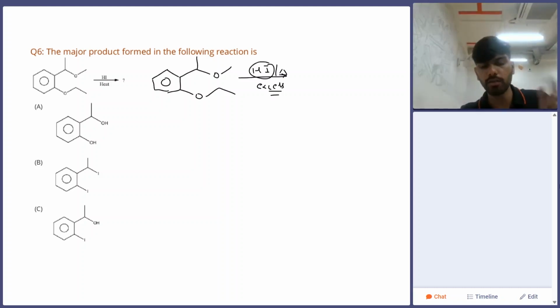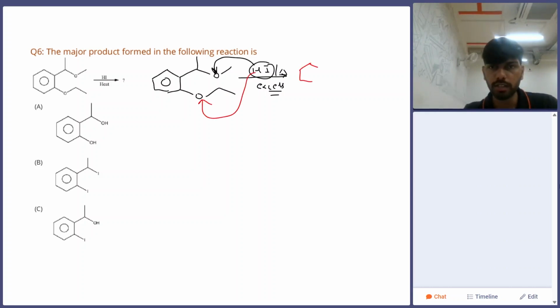So what will happen? Protonation. H will attack here as well as on this side. Then we will get OH here and OH here, with plus charges.